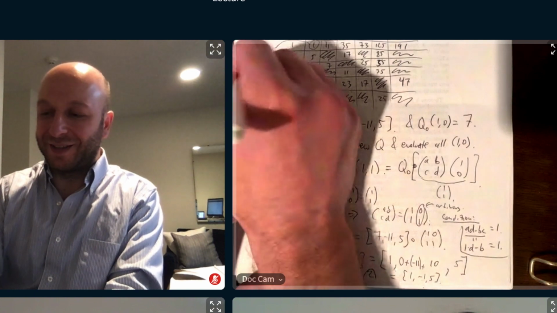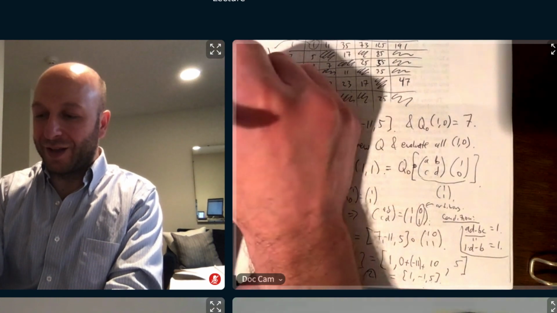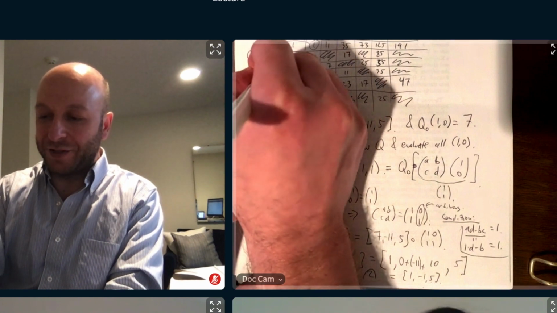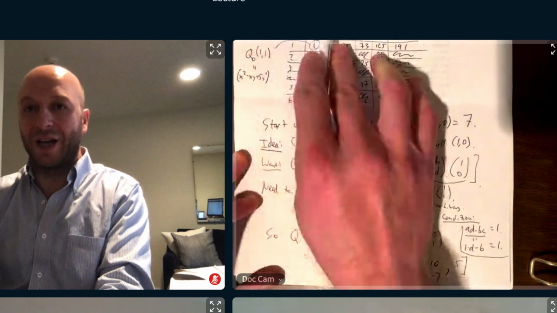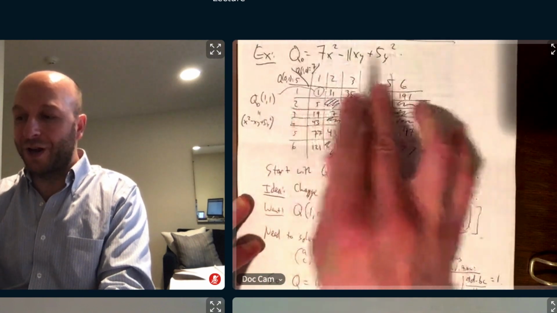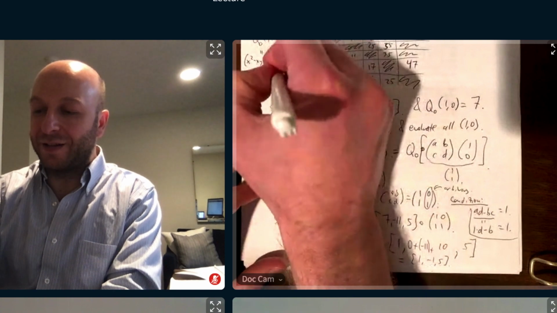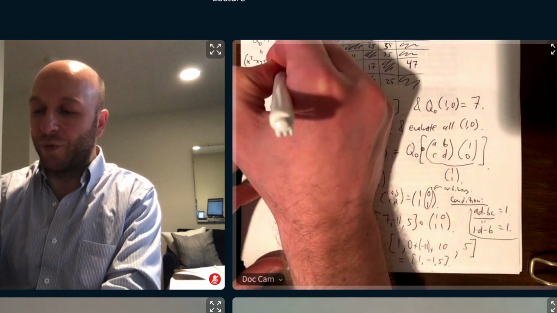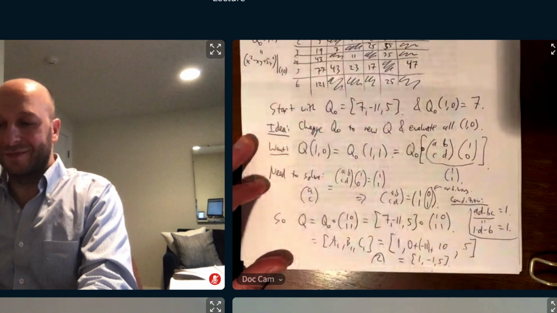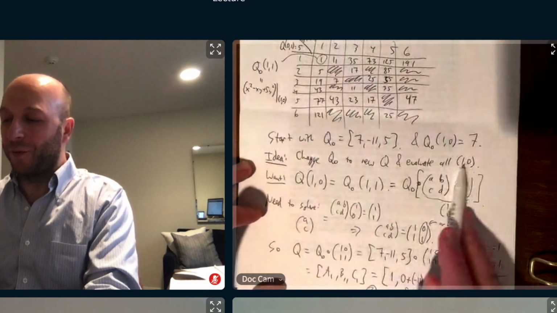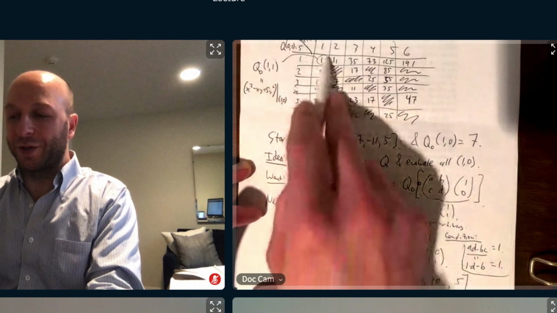We've changed the quadratic form. It's not the original quadratic form. It's the original quadratic form evaluated at 1, 0. So we're going to keep evaluating at 1, 0 while changing what the quadratic form is.